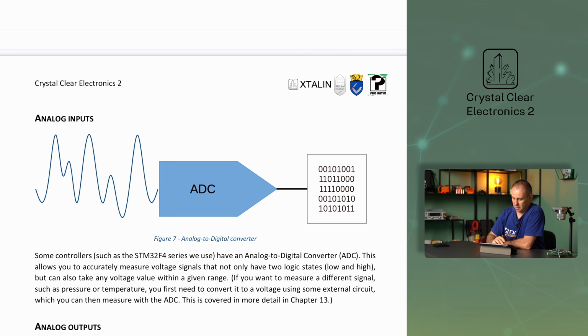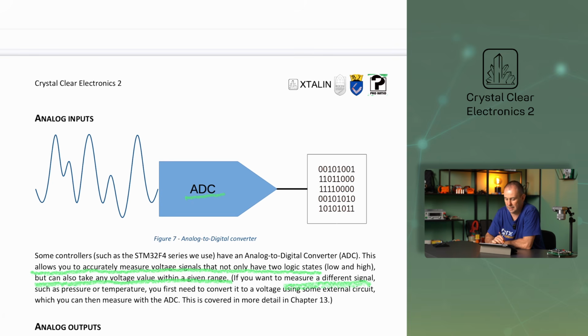Some controllers, such as the STM32F446 series that we use, have an analog to digital converter, or ADC. This allows you to accurately measure voltage signals that not only have two logic states, low and high, but can also take any voltage value within a given range.